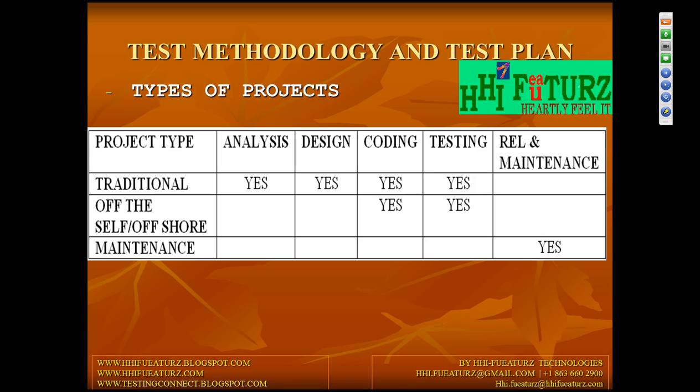Then maintenance projects. Maintenance means Gmail has already been developed. Why would you want analysis, design, development, and testing departments? They are really not required, right? So at that time, how people maintain is they keep one or two developers and one or two testers. Whenever any enhancements or issues come up in the production environment, developers will develop and testers will test those CRs.